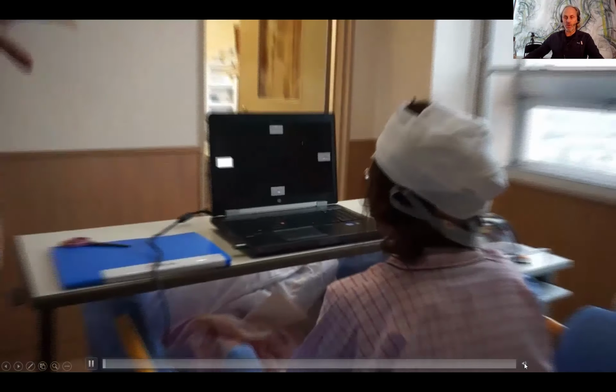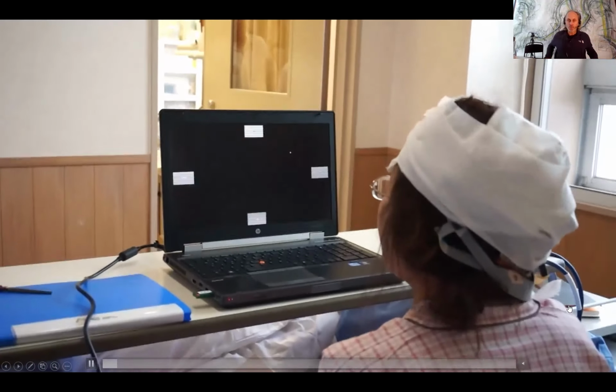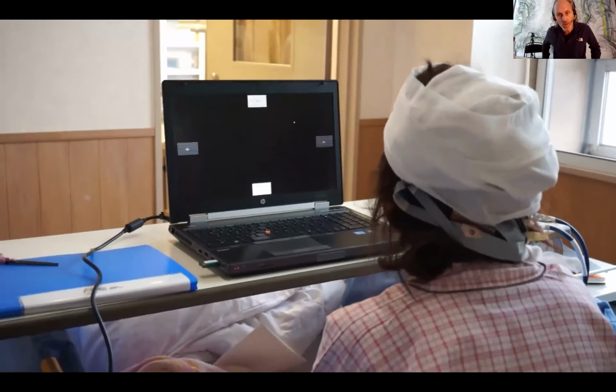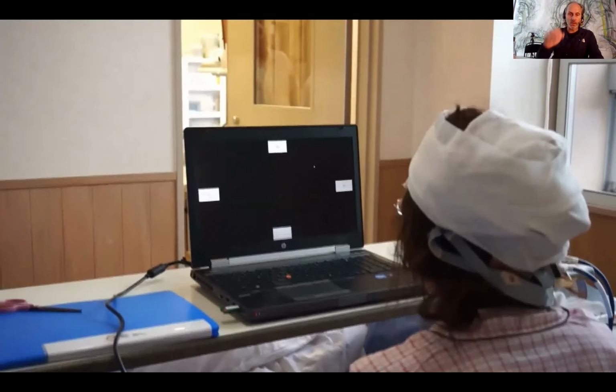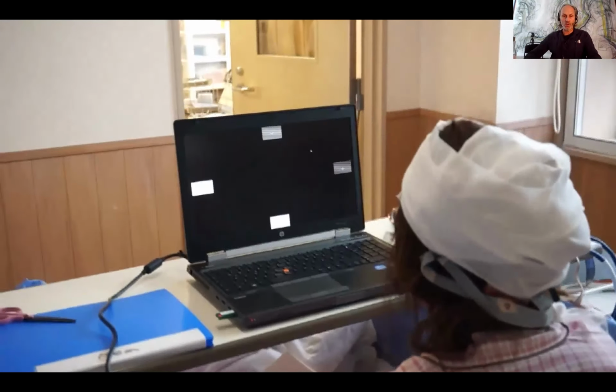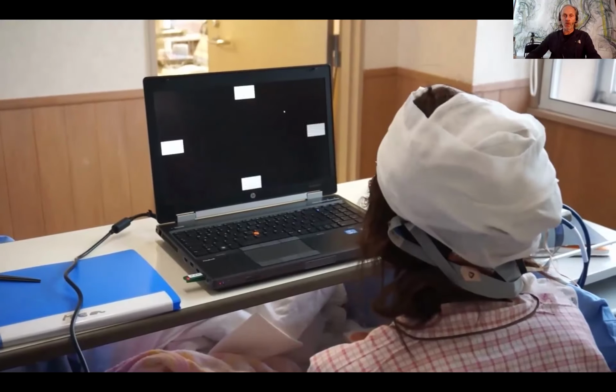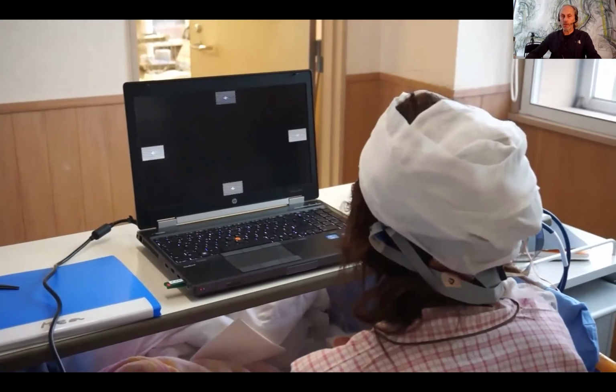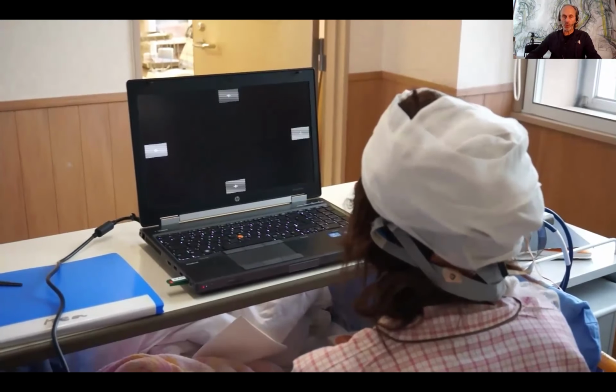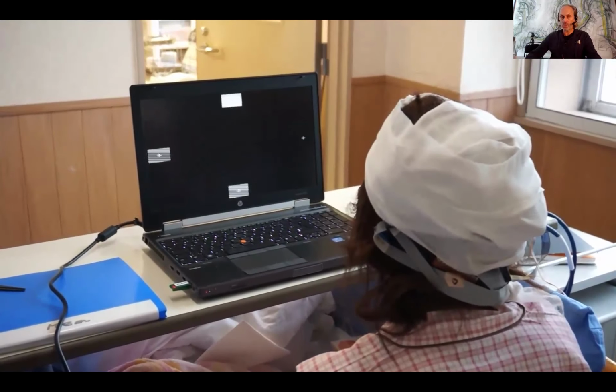This is actually the first time that we used c-VEPs with an epilepsy patient. And the nice thing is that these little boxes are not flickering with a constant frequency. It's code modulated or frequency modulated. And for that, the likelihood to induce a seizure is just not existing.